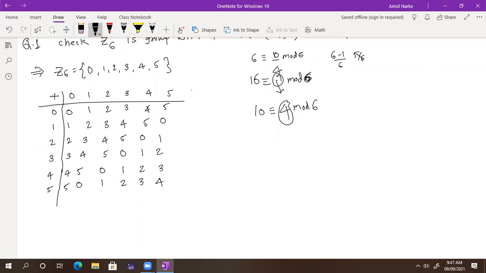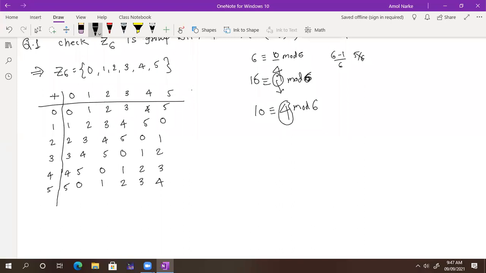So we are interested in that number because the definition of congruent is like this. And we define Z6 as the integers modulo n. Integers modulo n is nothing but what? Whatever you will get, these are all remainders. You can divide any number by 6, and you will get only these remainders: either 0 or 1 or 2 or 3 or 4 or 5.